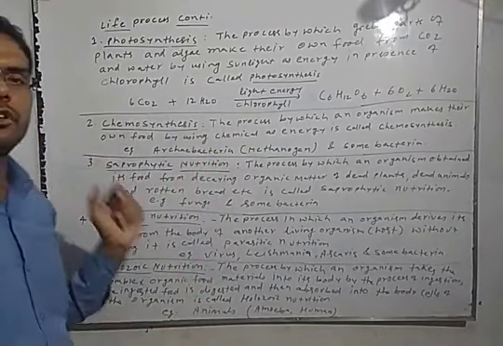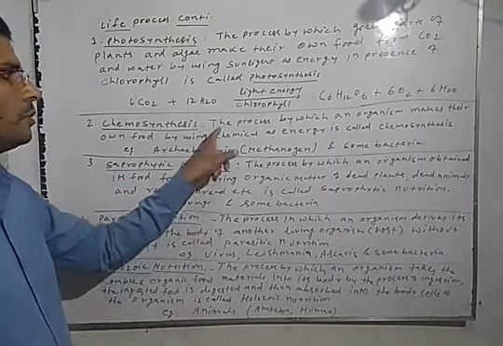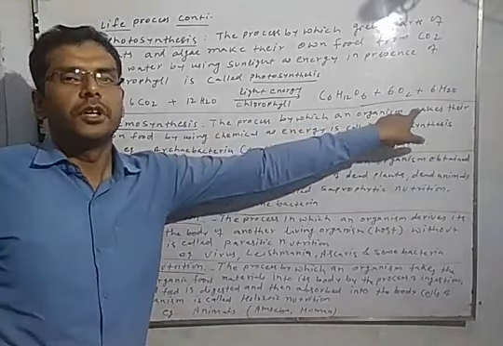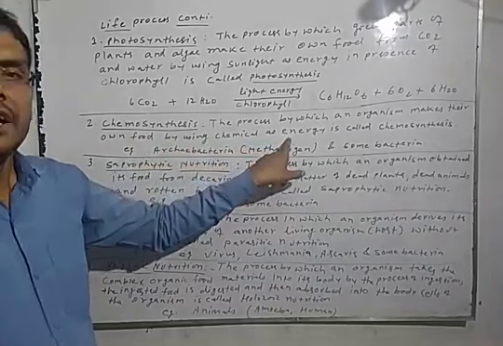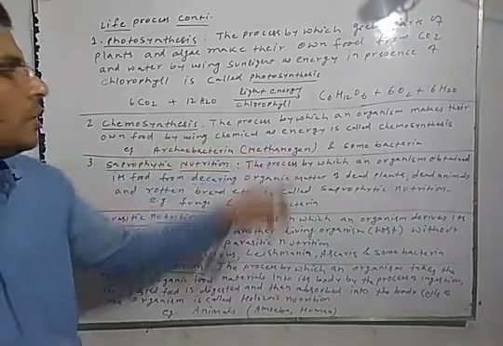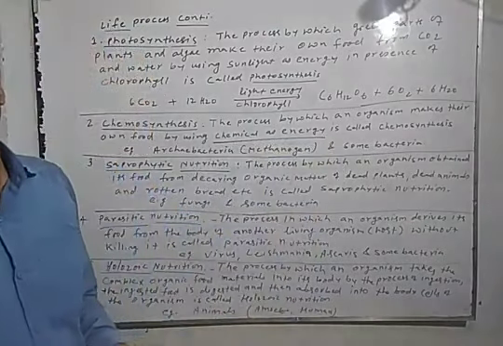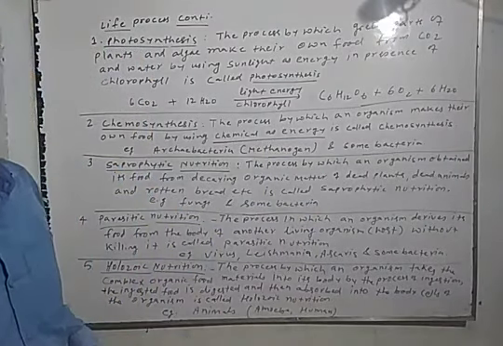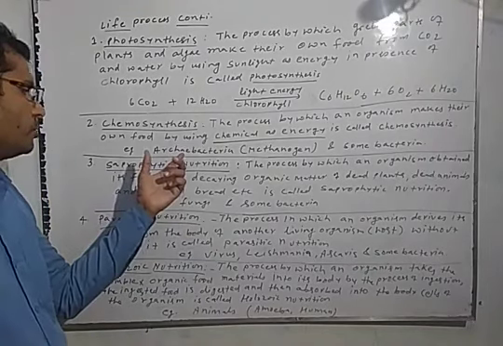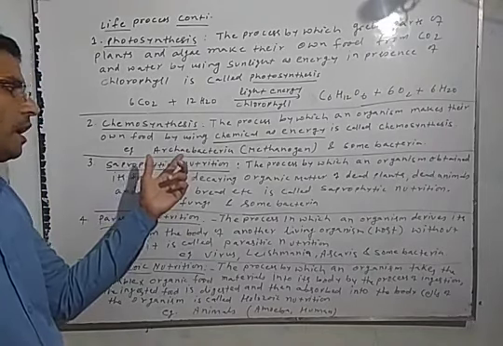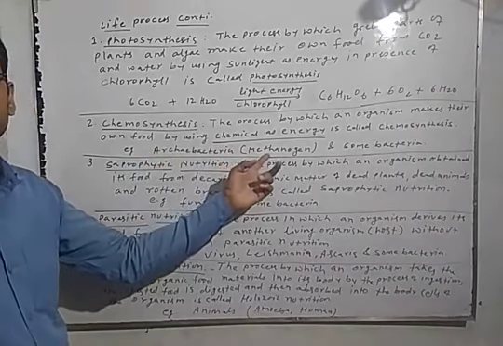So this process is called chemosynthesis. The process by which an organism makes its own food by using chemicals as energy is called chemosynthesis. Examples of such organisms are archaebacteria such as methanogens.